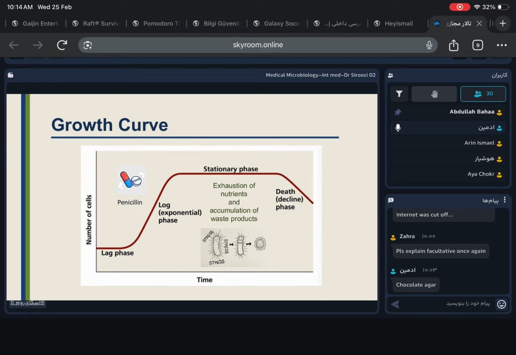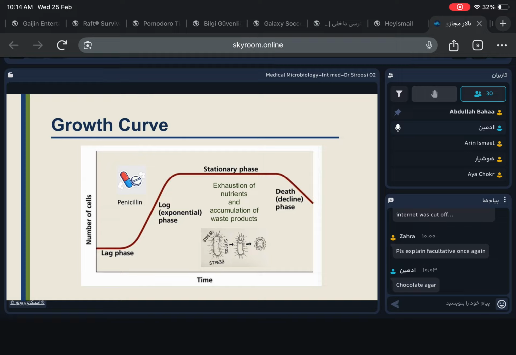And finally, we have the death phase or the decline phase. During this phase, most cells stop dividing, and bacteria are also dying. Some bacteria just don't die; they just stop growing, and they become very resistant to antibiotics.